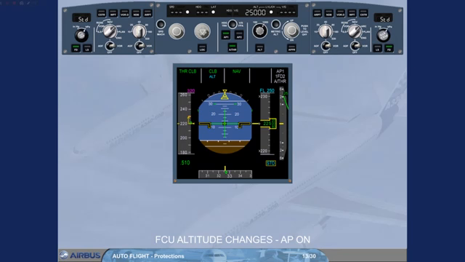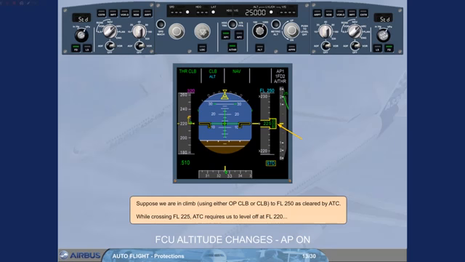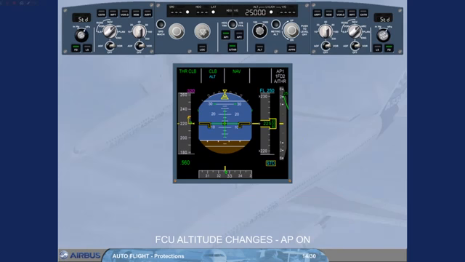While crossing flight level 225, ATC requires us to level off at flight level 220. We therefore select the FCU target altitude to flight level 220.